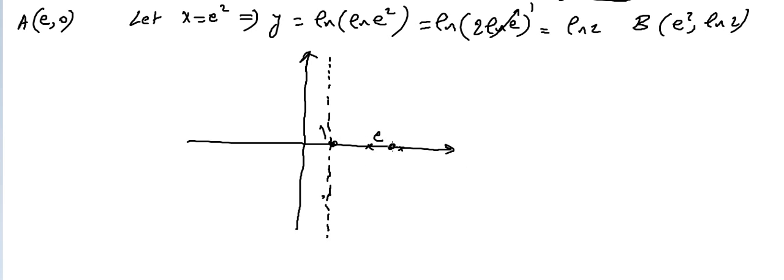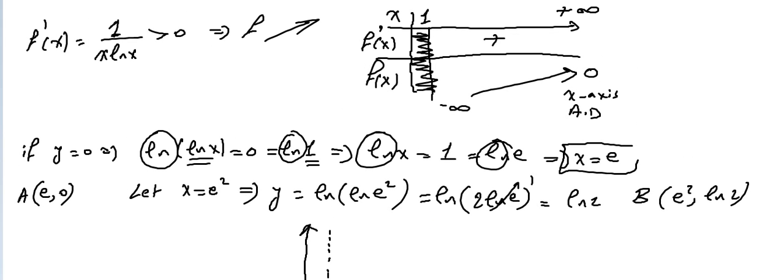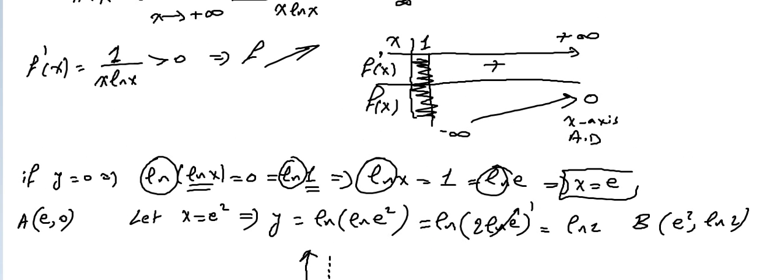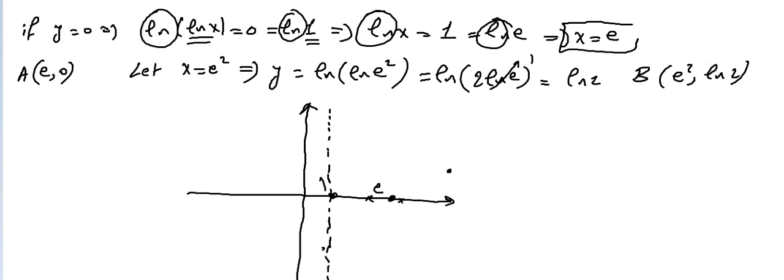This is point A, and there's another point B somewhere, which is e square, ln 2. You can find it by calculator. Simply, it goes from minus infinity at the asymptote 1 all the way, cutting the x-axis at the point I already put, which is A, (e, 0), and it goes in the asymptotic direction, which is the x-axis.